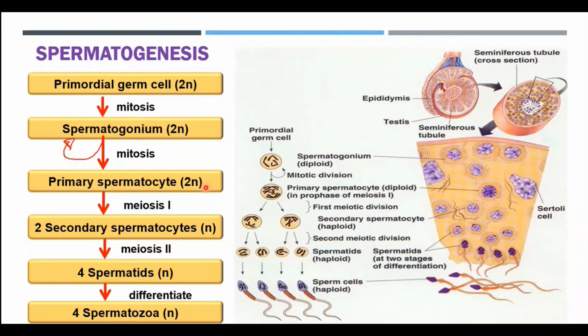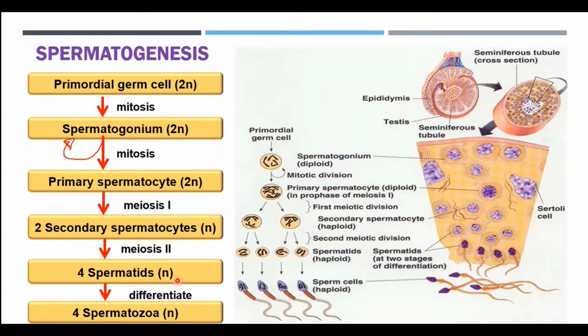So from 2N, now the secondary spermatocyte is N, haploid. The secondary spermatocyte continues with another round of meiosis, meiosis 2, and this produces the spermatids. One secondary spermatocyte produces two spermatids, so two secondary spermatocytes produce four spermatids, and all are haploid as well.